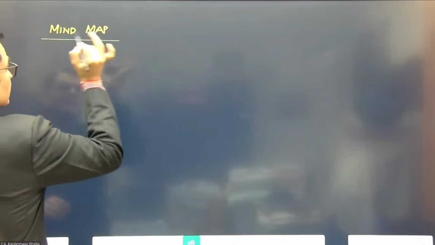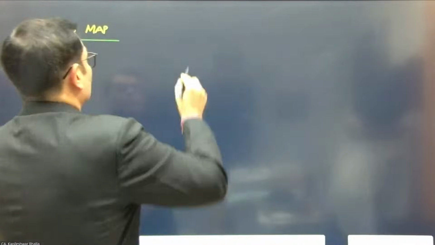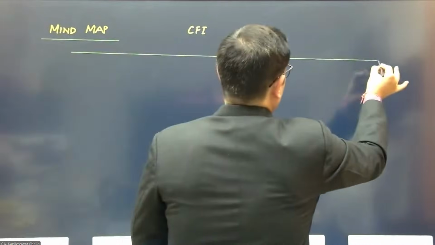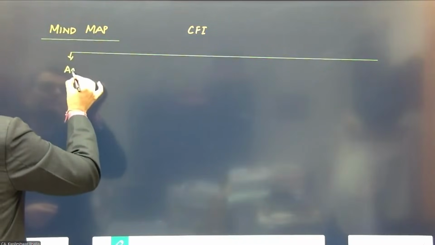So I'm just going to make a quick mind map on the learnings on compound financial instruments, which we developed in the previous class. The first thing that comes to mind when you look at compound financial instruments is that you should revise your things divided in terms of 3 parts. You can pen down your thoughts in terms of a CFI in 3 agendas.